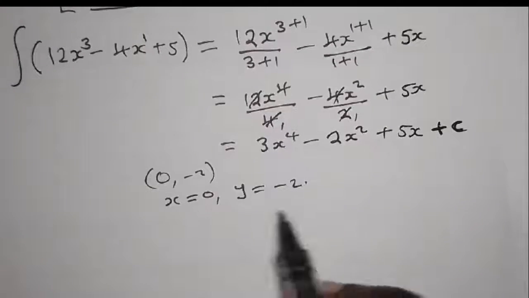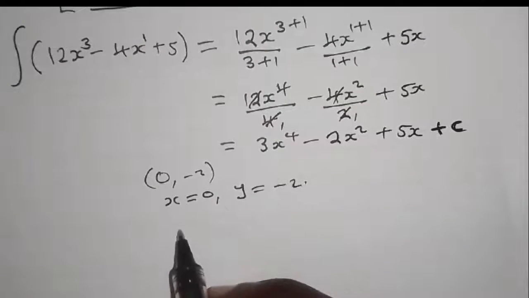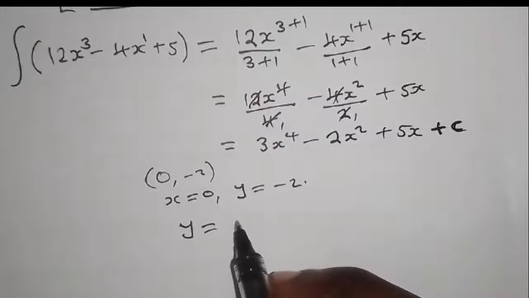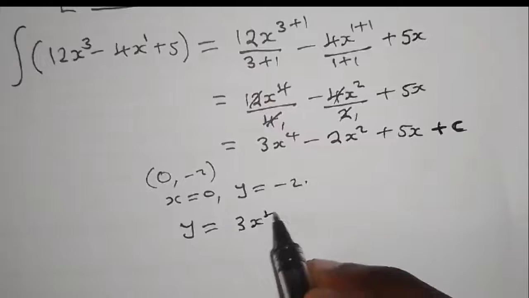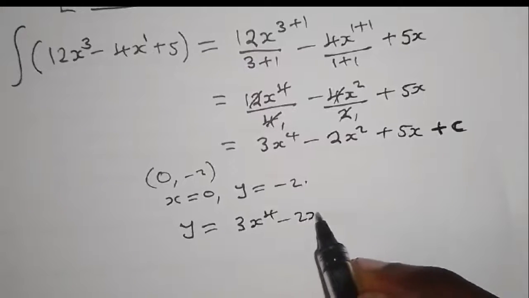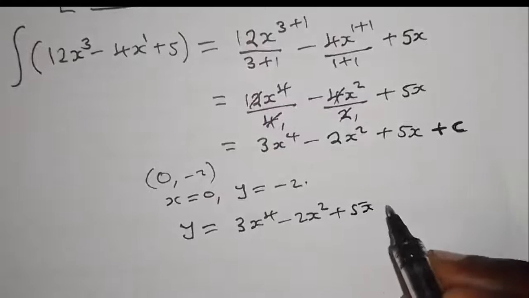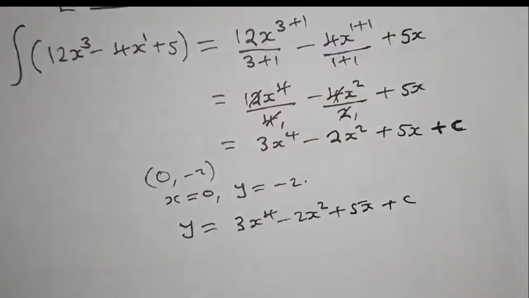So what you do is you say that y equals this, so y equals 3x to the power 4 minus 2x to the power 2 plus 5x plus c.